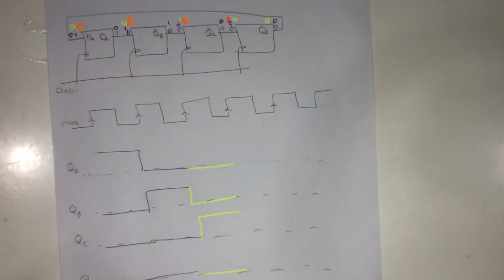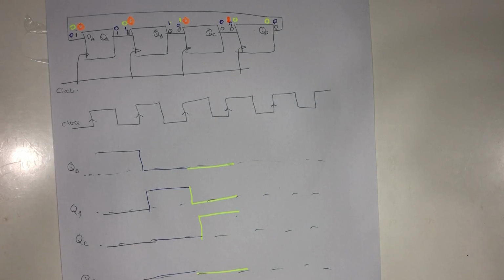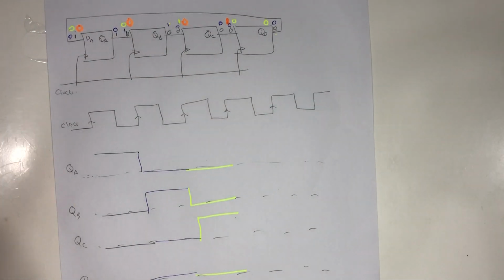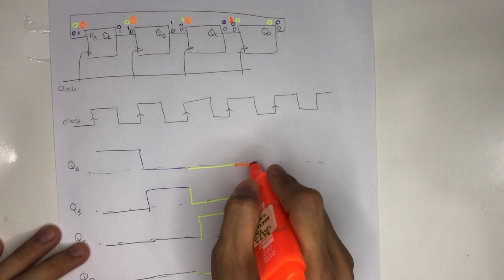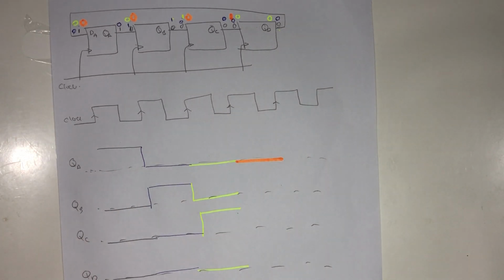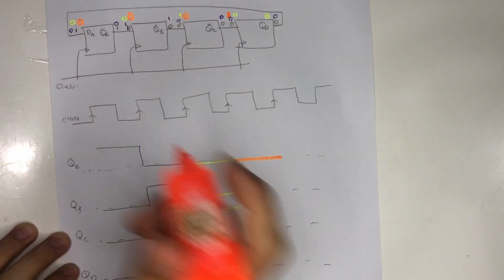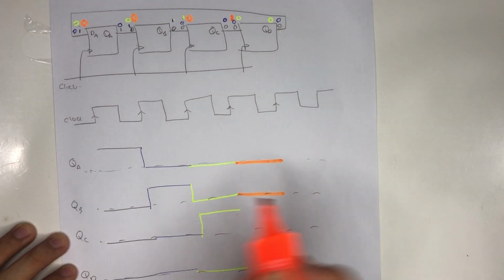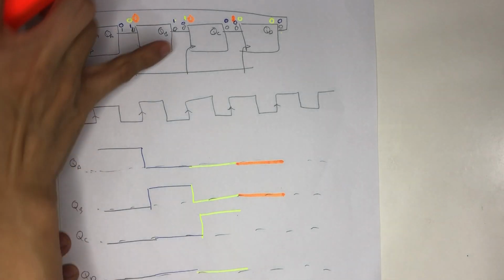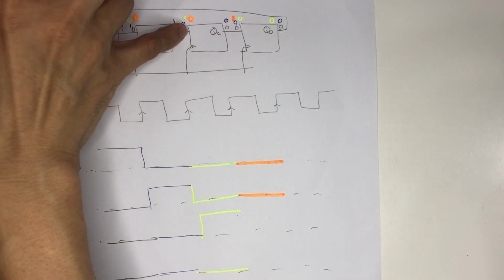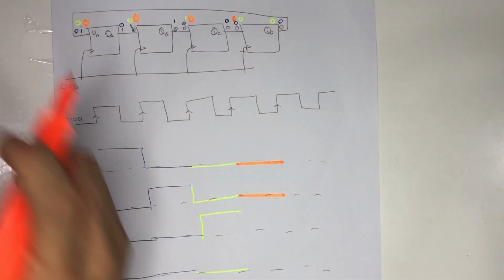So at the fourth rising edge, you can see 0 will be outputted as 0. And then for QB, if you have 0 here, then you have another 0 here. And for QC, because you have 0, for D flip-flop, you will have 0 output.